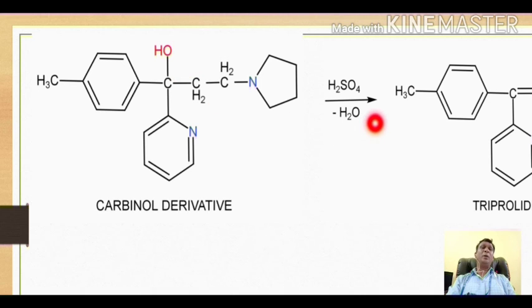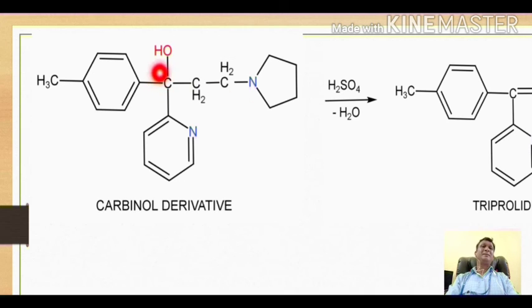as water molecule. The carbon which attached with hydroxy group is considered as the alpha carbon and this is considered as the beta carbon. So the hydrogen on this beta carbon and this hydroxyl group will be liberated out as water molecule.